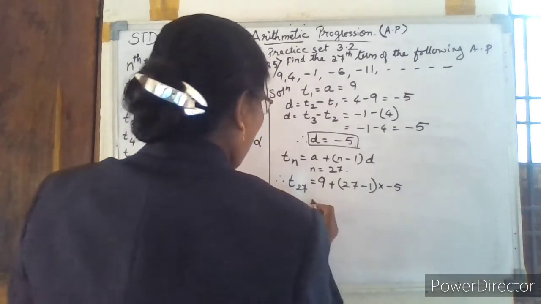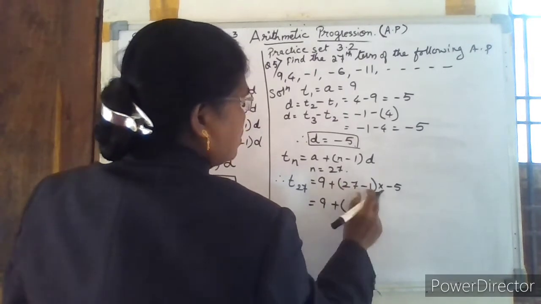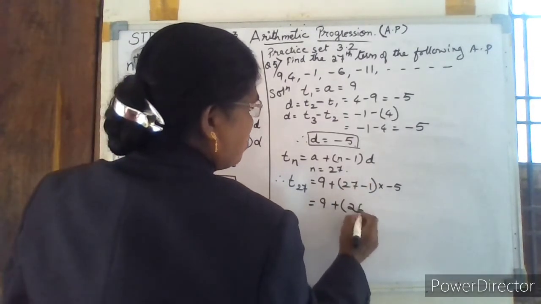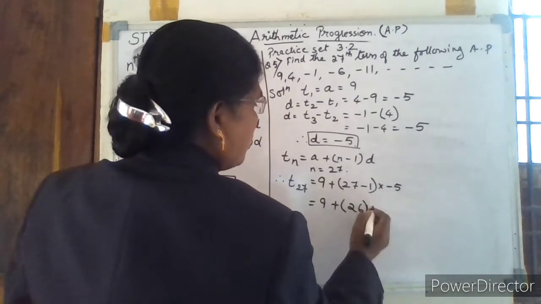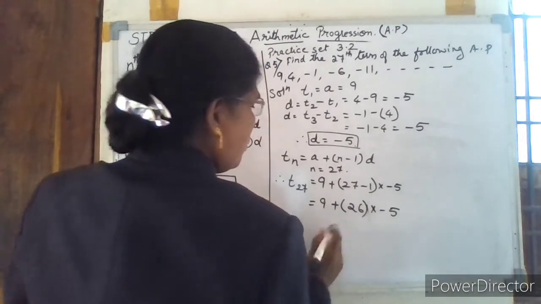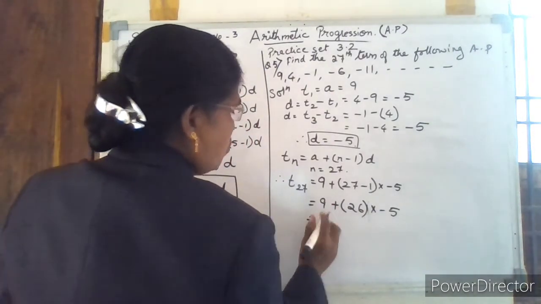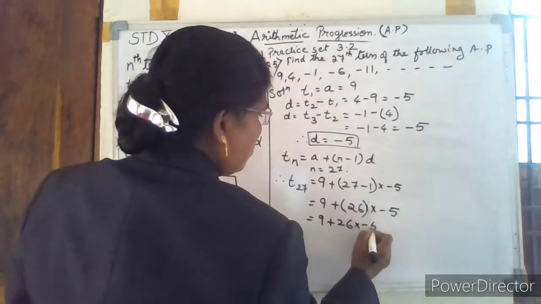Now solve this. 9 plus, in the bracket, 27 minus 1 is 26, into minus 5. So it is 9 plus 26 into minus 5.